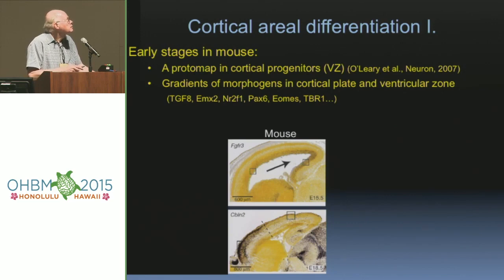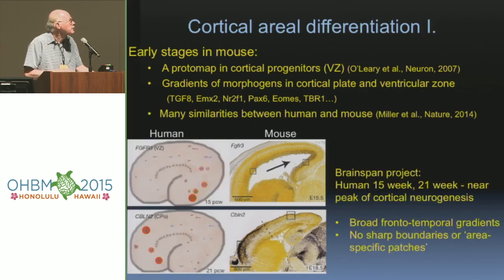One set of relevant points is that a protomap that establishes the lay of the land for cortical areal specialization appears to occur very early in development, and it appears to be associated with gradients of morphogens within the cortical plate itself, as well as in the ventricular zone. And a number of molecular markers, gene expression patterns, have been identified in recent years that have these morphogenetic gradients and are suspected to play a role in areal specialization.